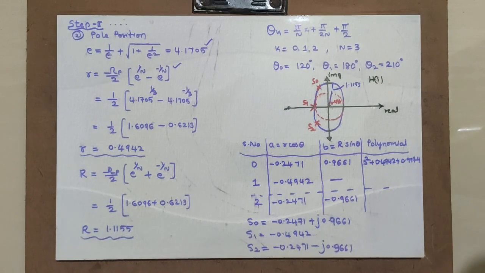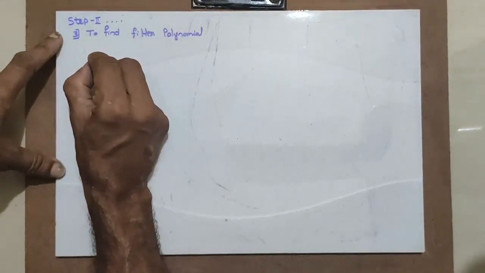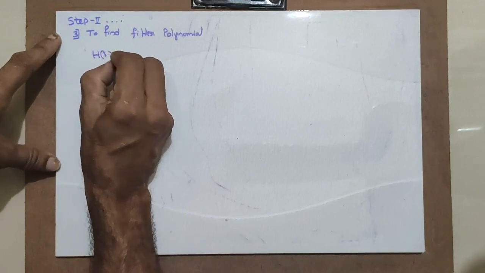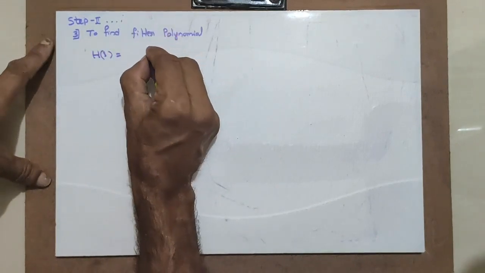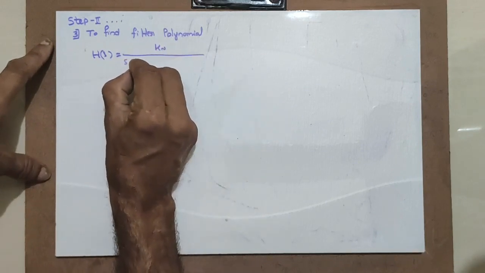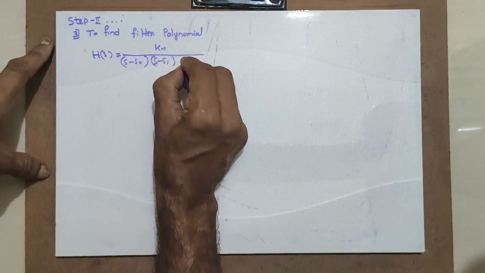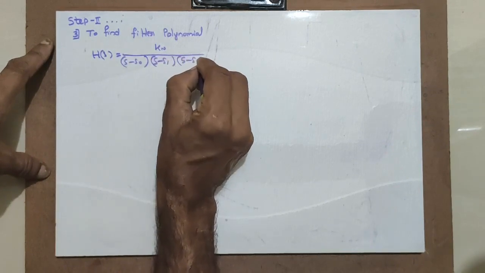The next step, or the third step, is to find the filter polynomial in the normalized domain. Let us do that. Continuing in step 2, I shall find the filter polynomial H of s. You know that H of s in case of a Chebyshev filter is to be written like this: Kn divided by s minus s0, s minus s1, s minus s2, because there are three poles.